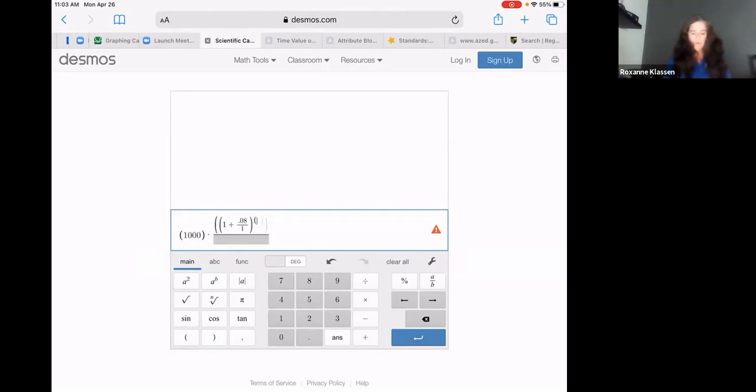I'm going to do more parentheses and do 1 times 10. The reason I'm putting in so many parentheses is so the calculator knows how to do it, but that's why I wrote my formula like I did, okay? And then I arrow over, go down a little bit, minus 1, and then my parentheses in the numerator is done. Now I'm going to go to the denominator and put in 0.08 divided by 1.